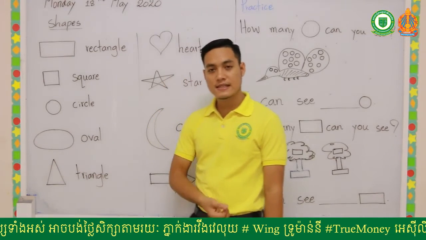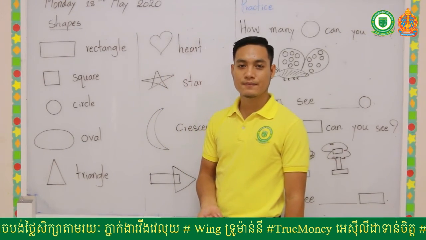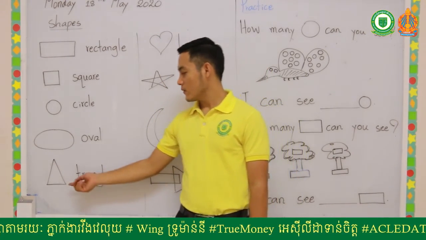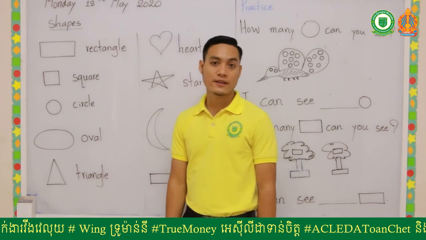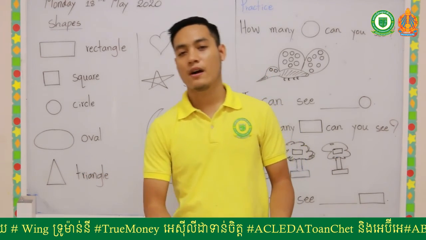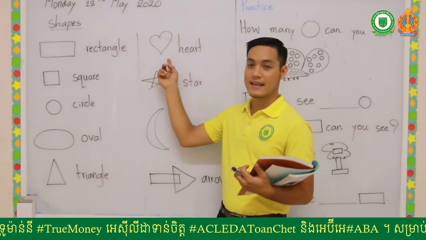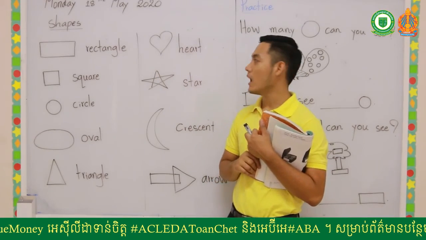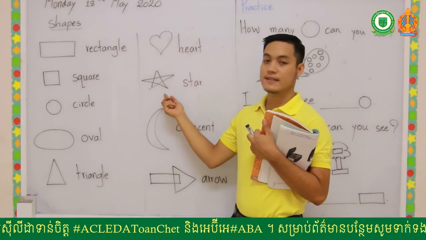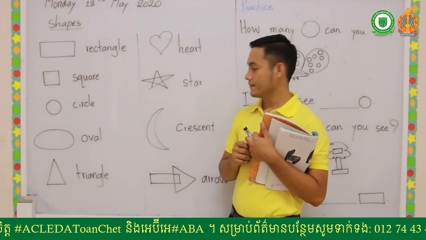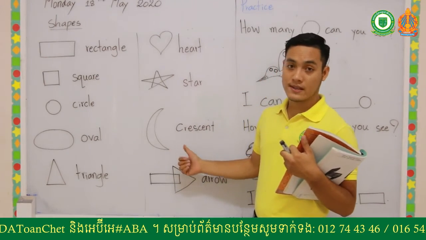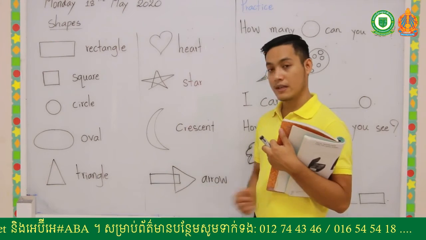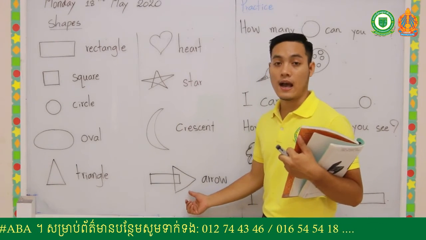This one is oval. This one is triangle. All right. This one is heart. Okay, heart. This one is star. This one is crescent. And this one is arrow.